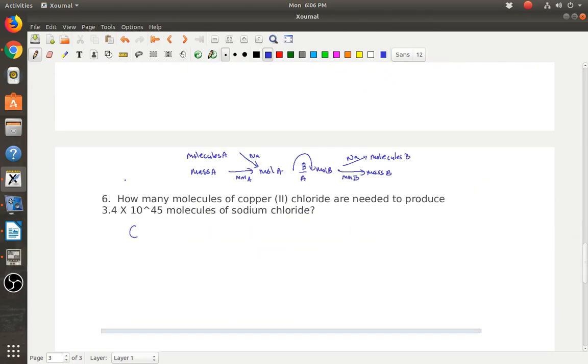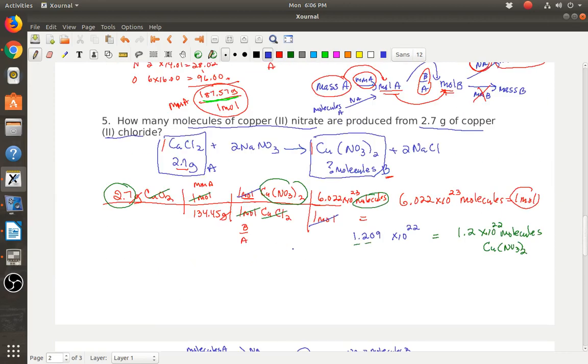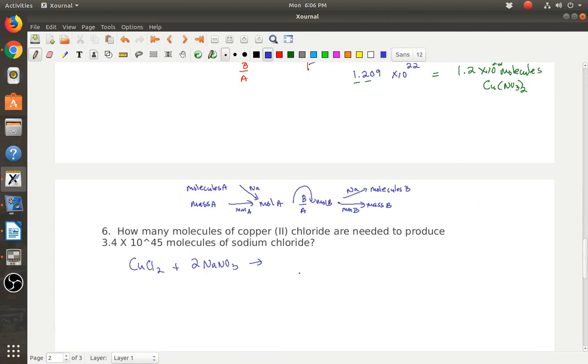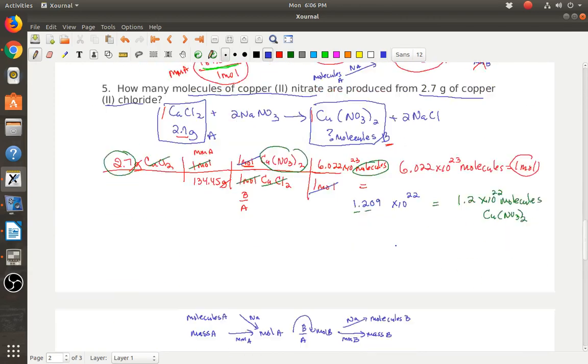Let's see, CuCl2 plus 2 NaNO3s yields CuNO3 plus, I think, 2 NaCls, 2 sodium chlorides.